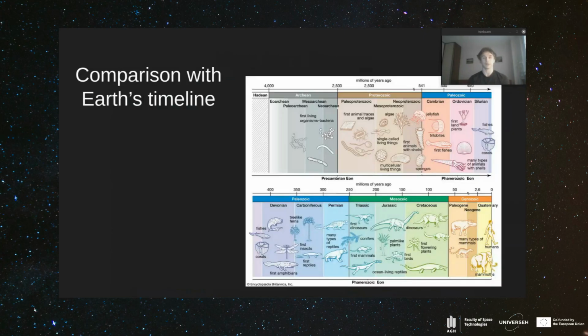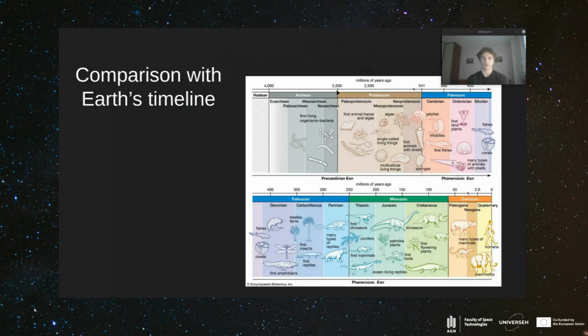So I would like to now compare it with the Earth's timeline. You can see that I would like to focus more on this gray part. Earth, similarly to the Galilean moons, formed around 4.5 billion years ago.